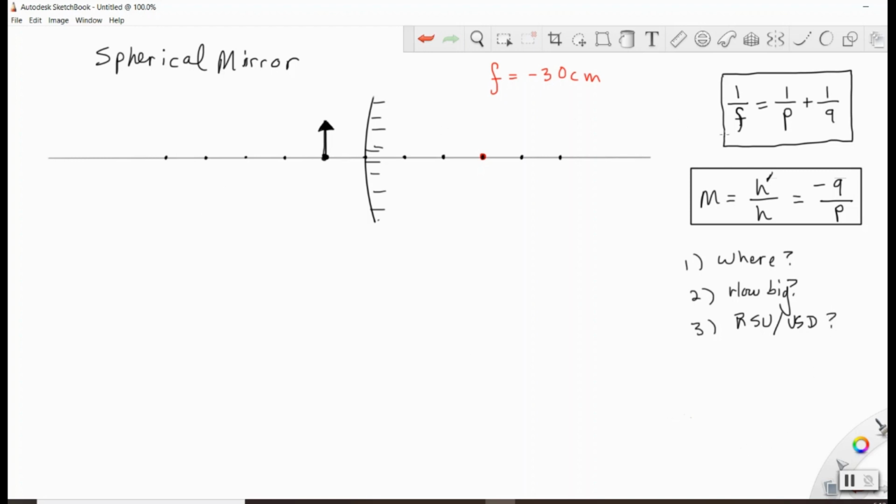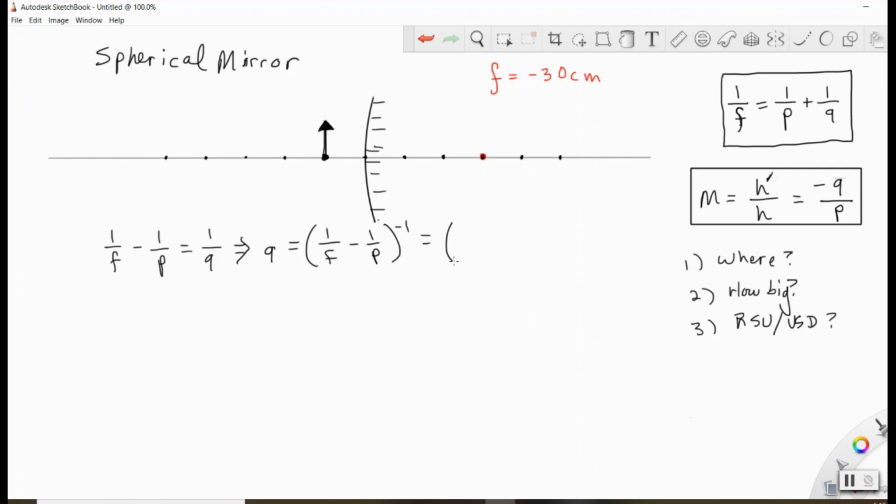Okay, so where is it? We would use our equation. We have rearranged: 1 over the focal length minus 1 over the object distance is equal to 1 over q, right? That means we can rearrange to get q equal to 1 over the focal length minus 1 over the object distance, all flipped.